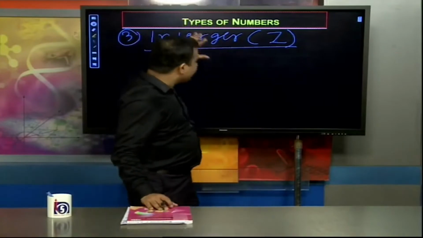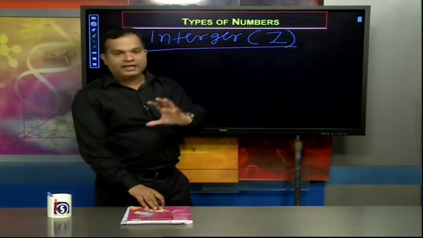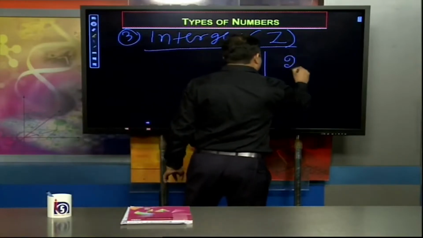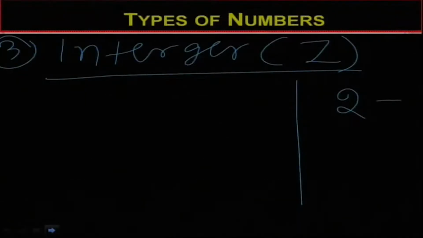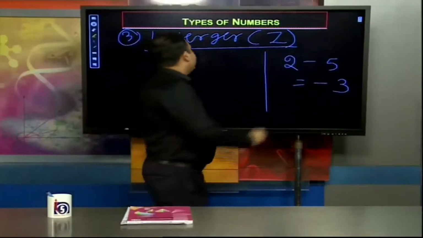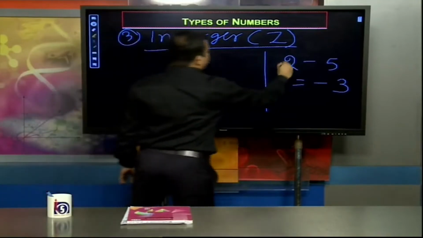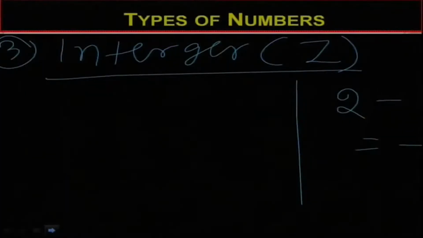The concept of integers arises when a greater number is subtracted from a smaller number. Suppose 2 minus 5, that means I will get minus 3. Here 5 is more than 2. So when a greater number is subtracted from a smaller number, we get a negative number.